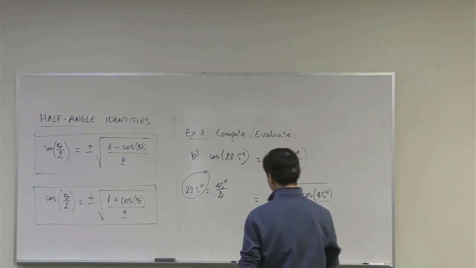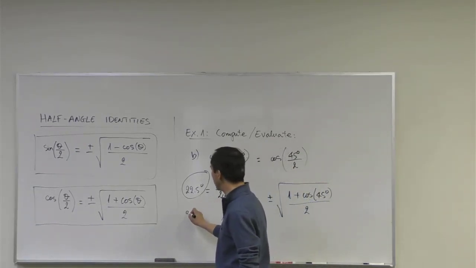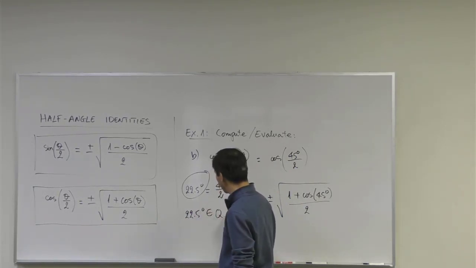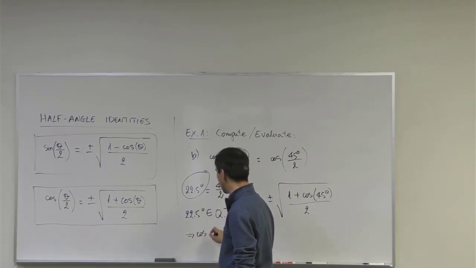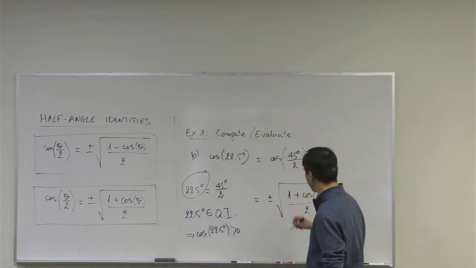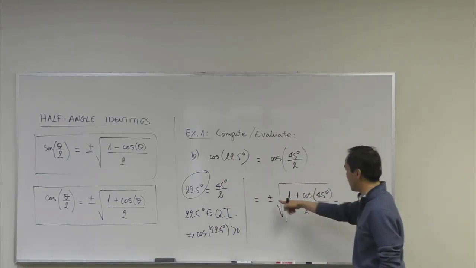So in quadrant 1, the cosine has to be positive. We all agree with that. So that leads to the understanding that cosine of 22.5 has to be a positive number.